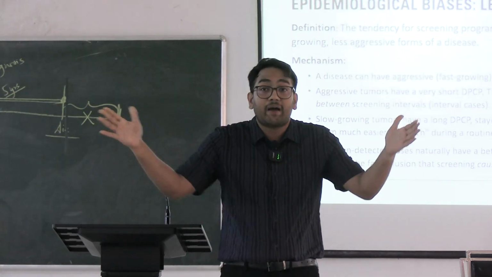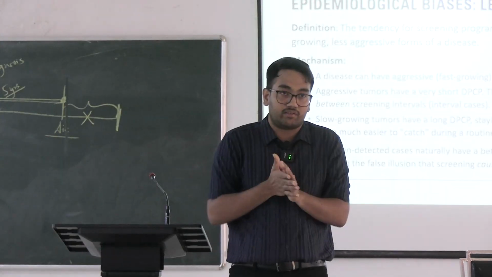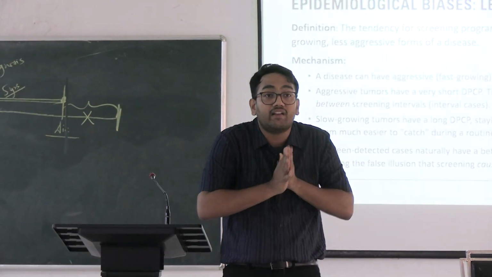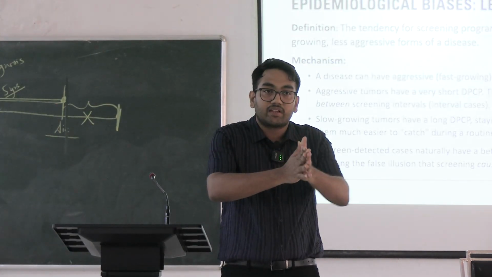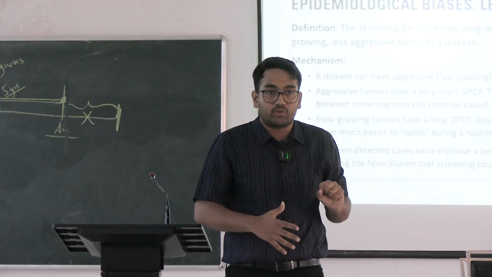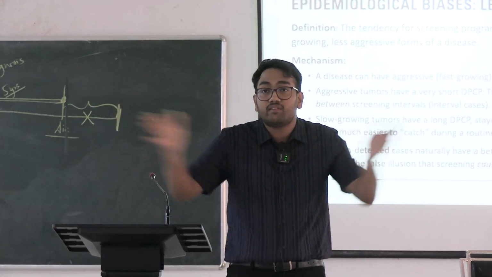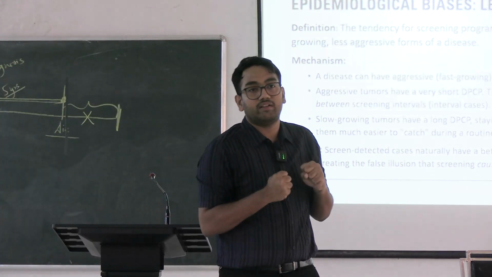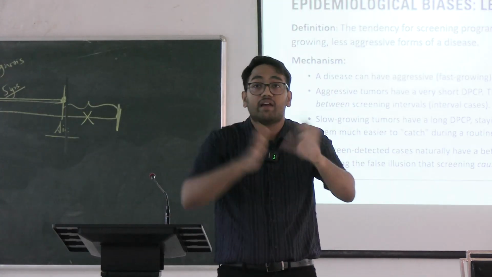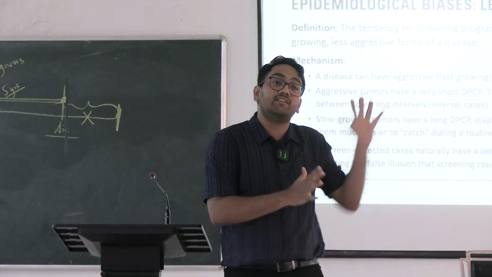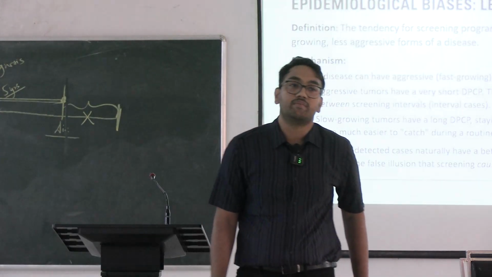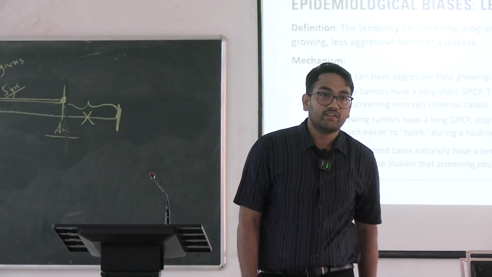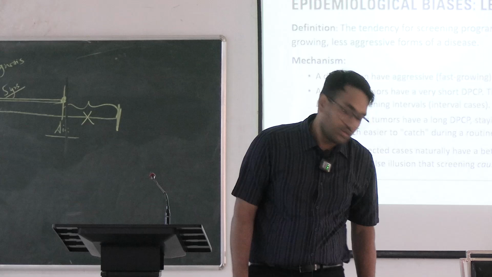Okay, so length bias talks about the length of the disease. If the disease is very aggressive, then those are not detected by the screening program. If the disease is slow, gradual, then those are detected by the screening program. If the same disease has those variants, then this length bias comes into being. Is that clear? So far so good?